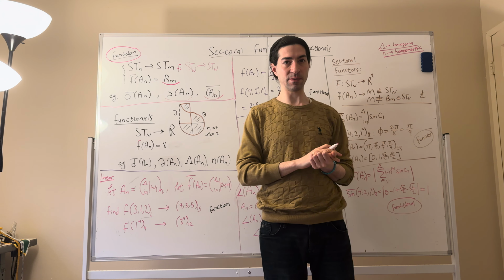For example, dal of A_n, which is the reduction of A_n, gives us a sectoral structure that has the same order. So therefore, this is an example of a homogeneous sectoral function.